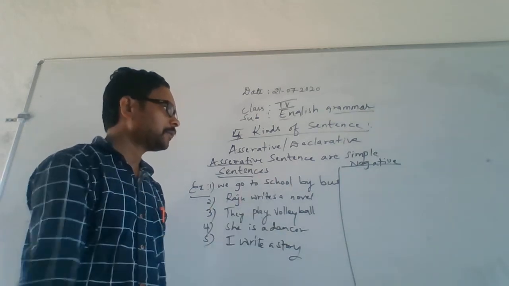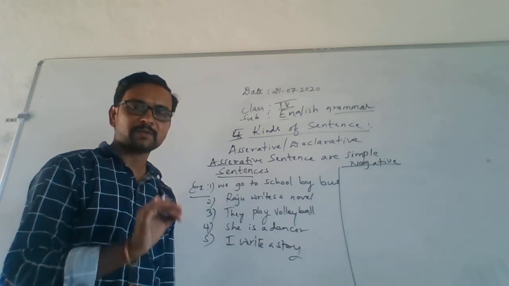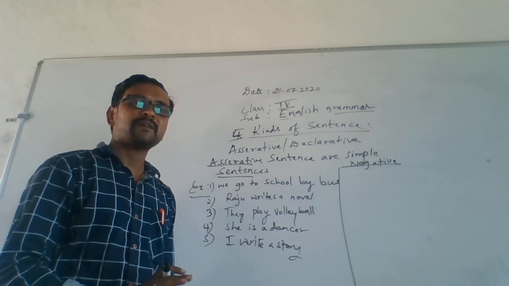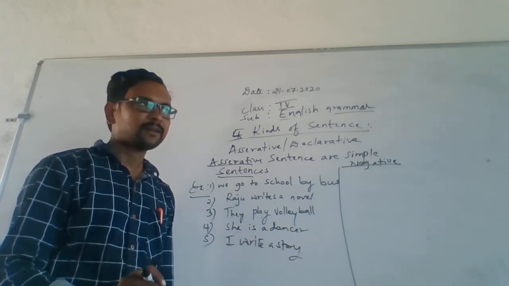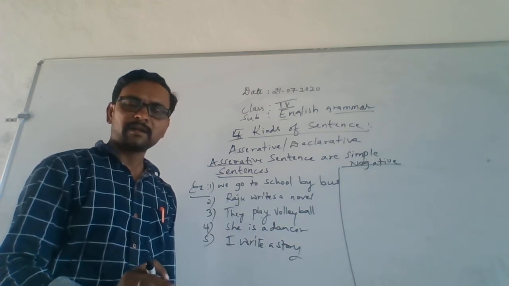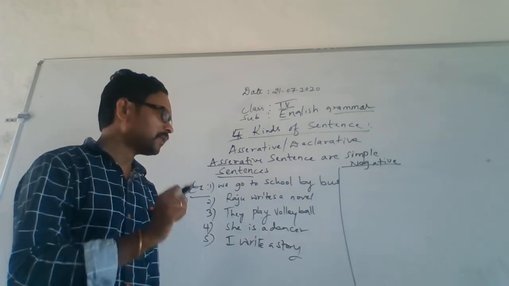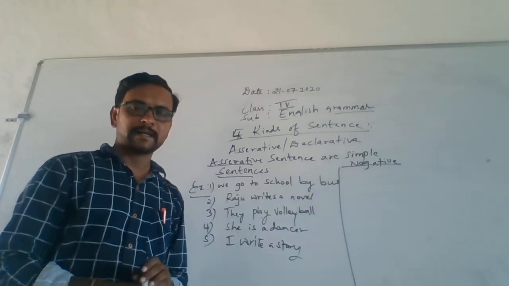When you make a negative, we should use what? Helping verbs. What are the helping verbs? Tell me. Do, does, have, has, am, is, are, had, shall, will. Those are called helping verbs. We should use the helping verbs when you make a negative or interrogative sentence.